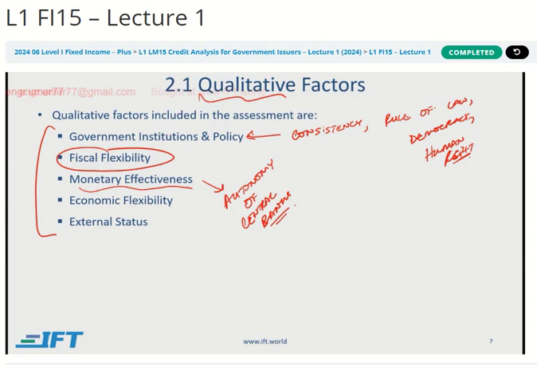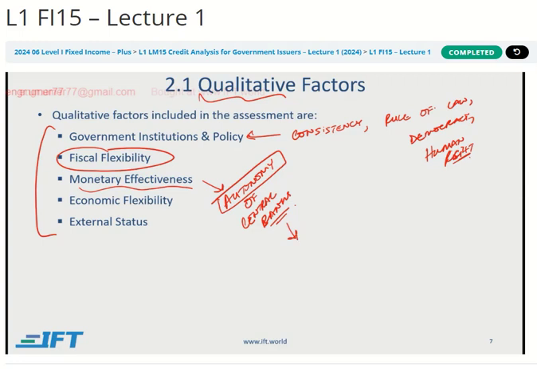When your central bank is going to print money and give it to your government to spend, then literally it's just pumping money into the system without a check and balance, which will definitely lead to very high inflation. So that's not good. And therefore, the central bank should be independent or autonomous, and therefore it will help in making sure the monetary policy is effective.